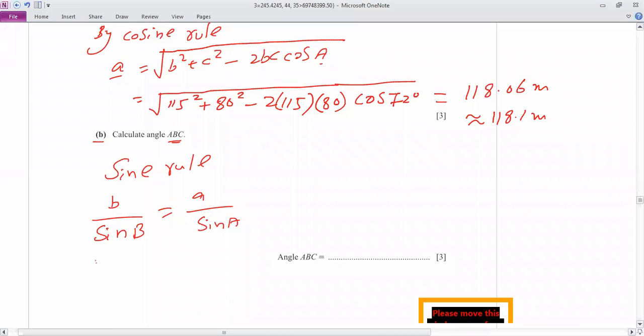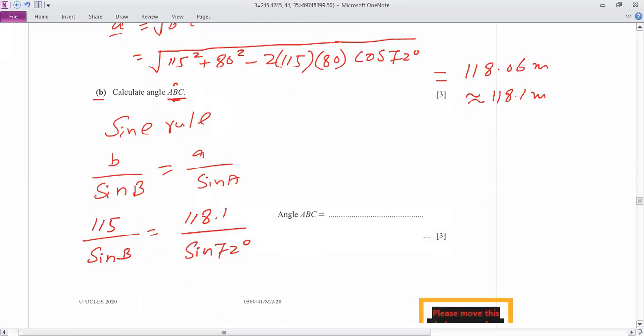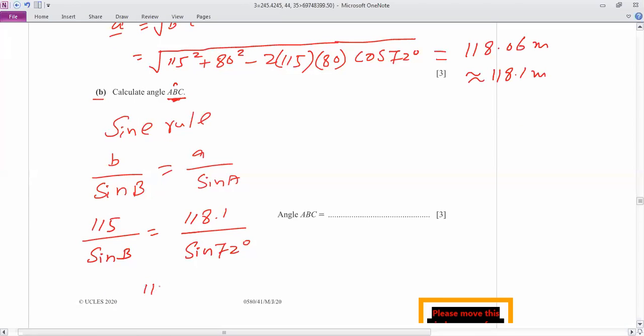B is 115 over sine of B, that I need to find, because angle ABC means the middle angle you need to find. Will be equal to A we found right now, which is 118.1 over sine of 72. So cross multiply. When you cross multiply, you are going to get 118.1 into sine B equals 115 into sine 72.